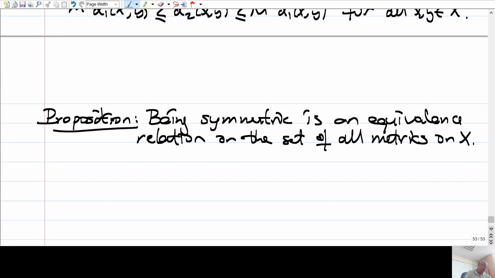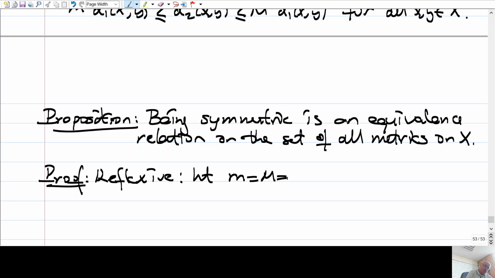Okay, so let's see. First, let's see that this is reflexive. We should show that any metric is equivalent to itself. Well, just let little m and big M be 1.